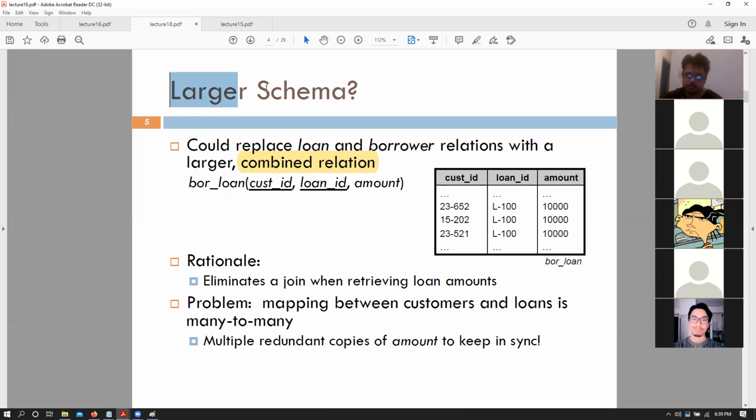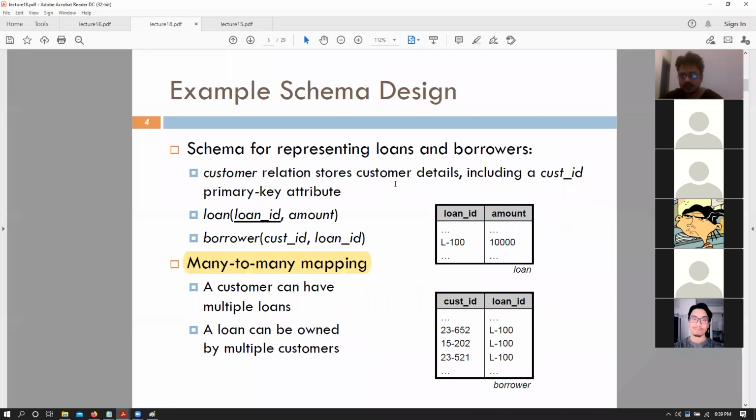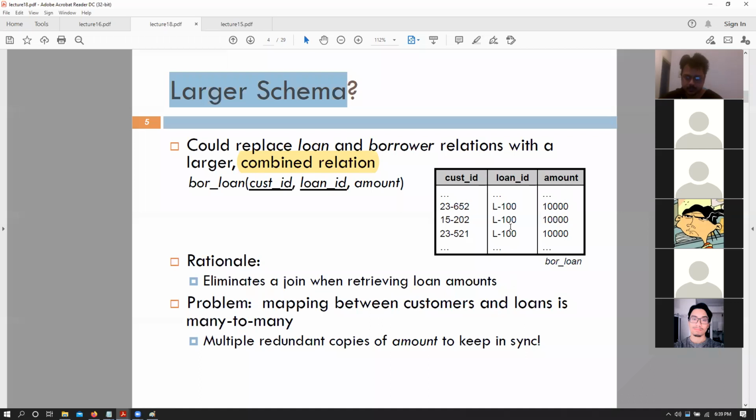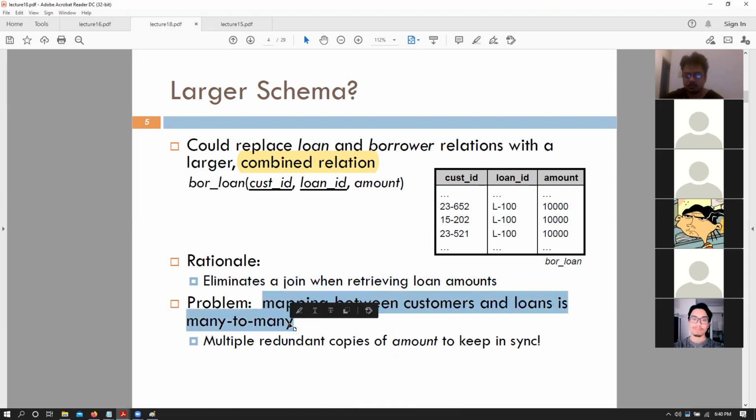So this is possibly a larger schema that is basically a natural join, or inner join, of these two particular tables: customer ID, loan ID, and amount. The main rationale behind this would be to eliminate the join whenever we are retrieving the loan amounts, because we need a join. And the problem is that the mapping between customers and loans is many to many.